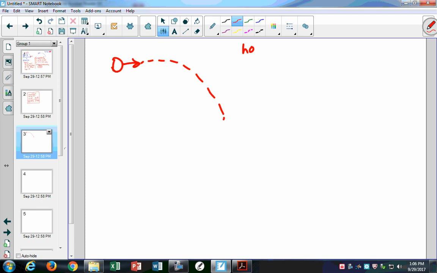So you'll want to look for keywords like horizontal, or if no angle is mentioned, that means that Vx is equal to V naught. Or I could say V naught y is equal to 0 and V naught x is equal to V naught. The initial velocity only has an x component.